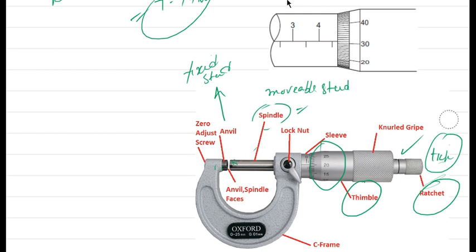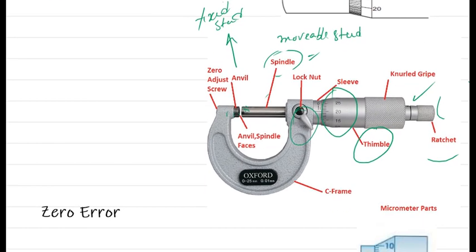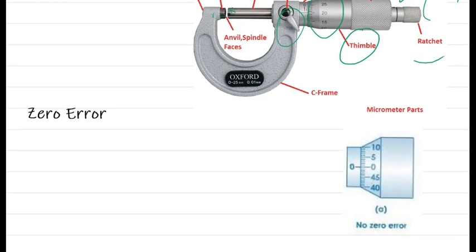As it produces the first tick sound, just stop, lock it, and take the reading as I told you before.